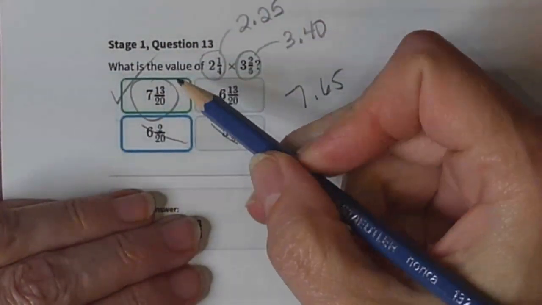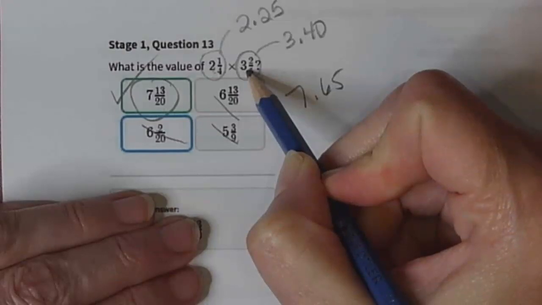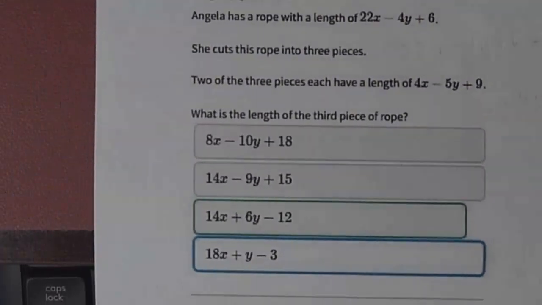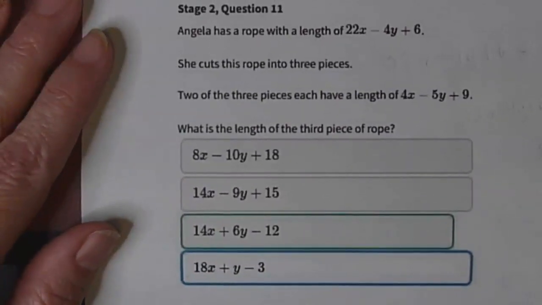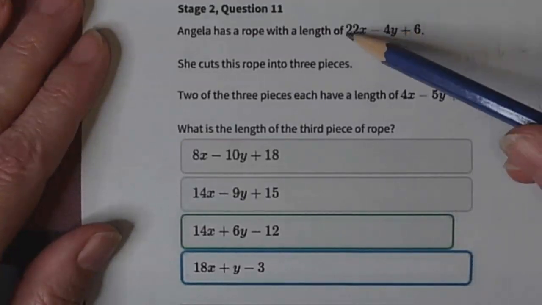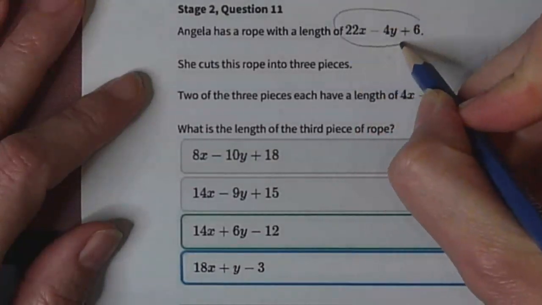Now, you could have also put these into improper fractions, right? You could have done it that way as well. I was so confused about this one. I was like, what are they on about? I got this one wrong as well. Angela has a rope. It has a length 22x minus 4y plus 6, okay? So remember, this is like the total rope.